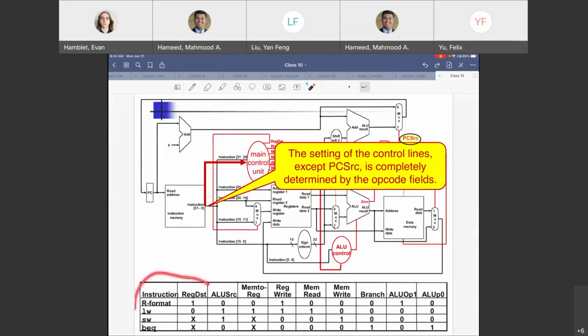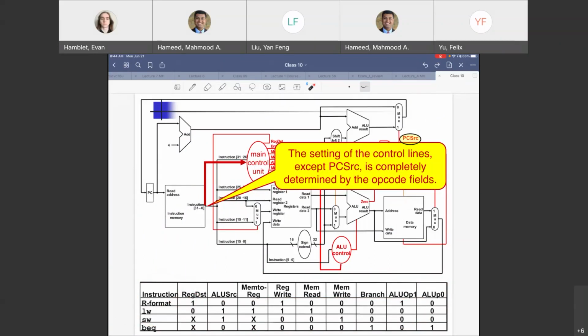Then we have this table over here, which can provide us with a very good reference. For R-type instructions, for load word, store word, and branch when equal, a very small set here, we have determined all the control signals. So for example, for an R-type instruction, register destination is going to have RD, right?